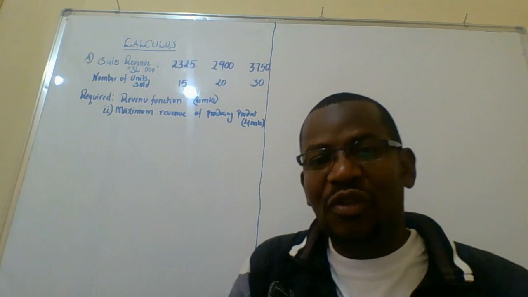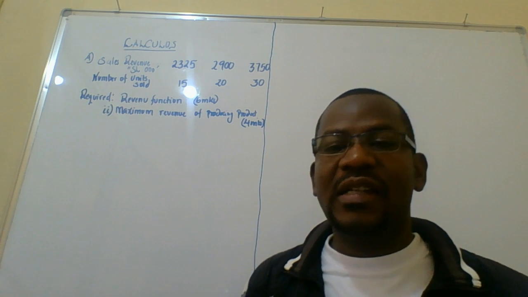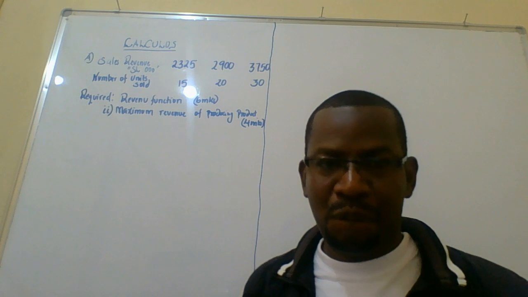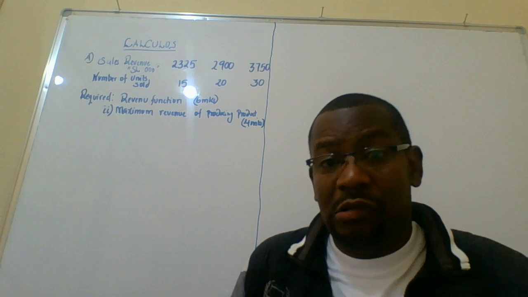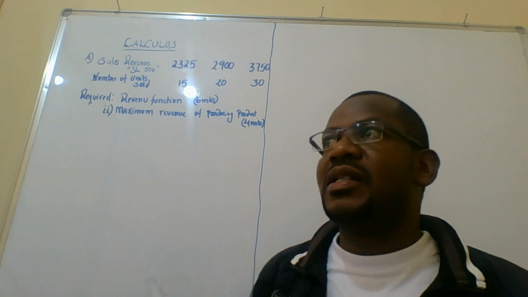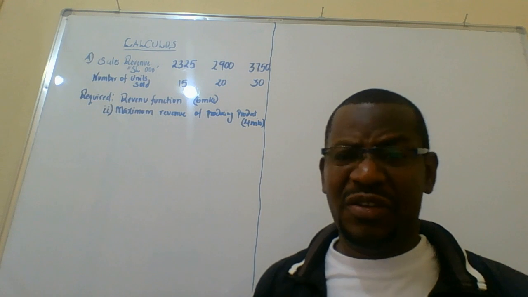And three, if you are asked for the revenue that we can realize if we have 80 quantity, what will be the revenue? That one we must substitute in our revenue function. Therefore, the revenue function is very, very important.